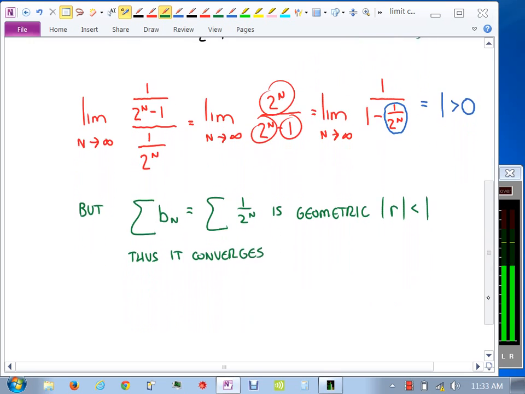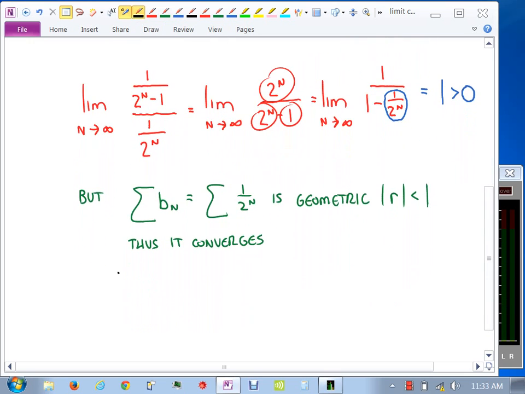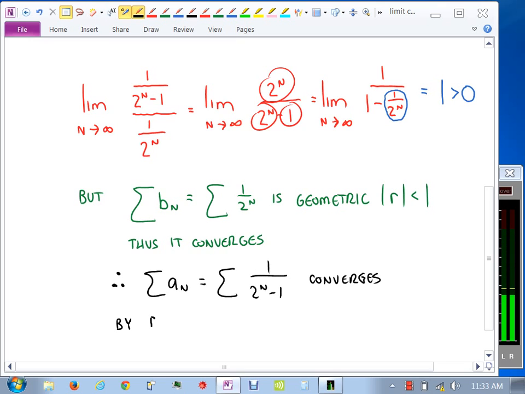Which means what? Therefore, my series, the one I'm trying to look at, converges also by what we call the limit comparison test.